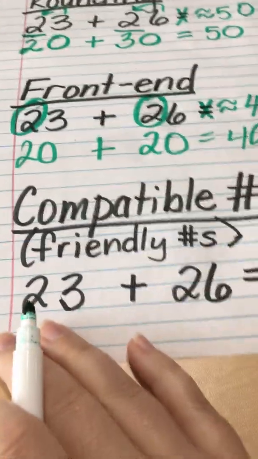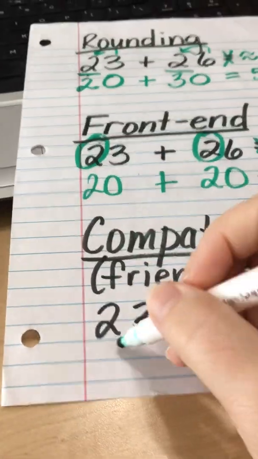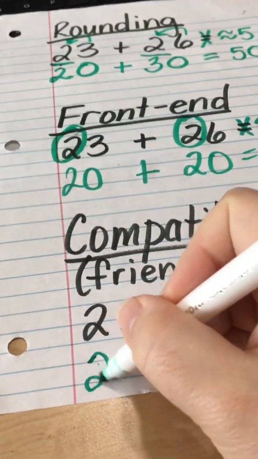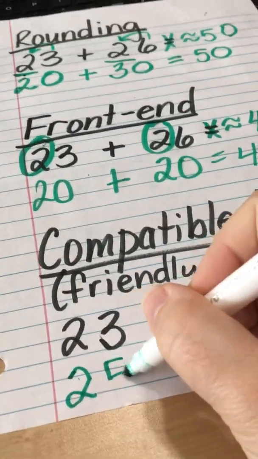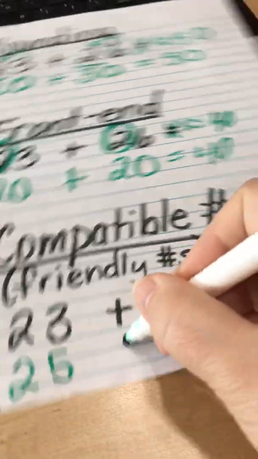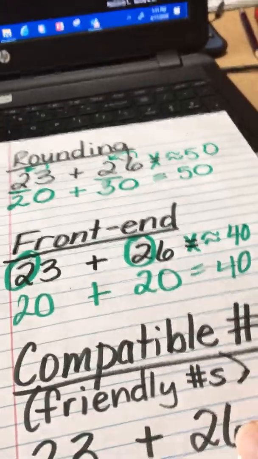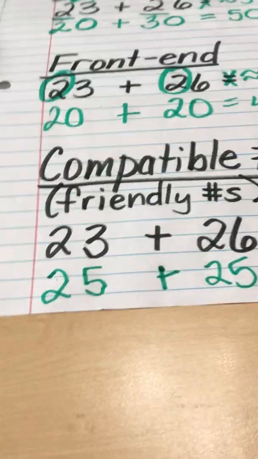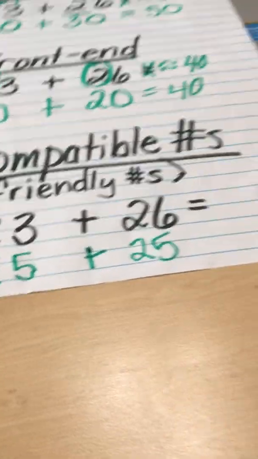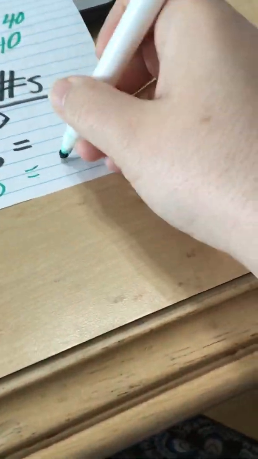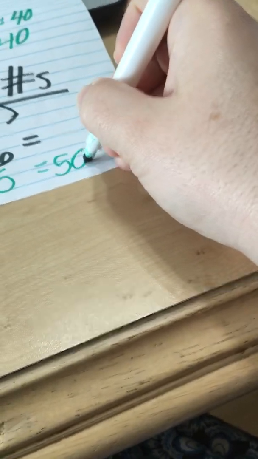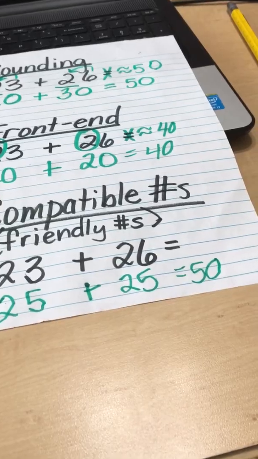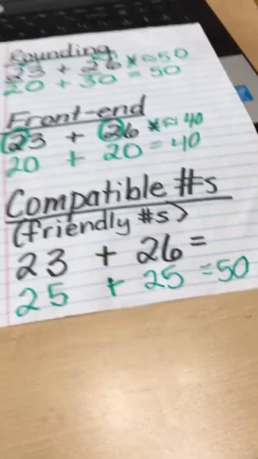So when I look at a problem like this, I think to myself, 23 is really close to 25, which is a very friendly number. 26 is also close to 25, so I'm going to use 25 here as well. And then 2 25s or 2 quarters, that's equal to 50. And in this case, I got the same estimate that I did when I did rounding, just so it turns out. So that's a really close estimate.